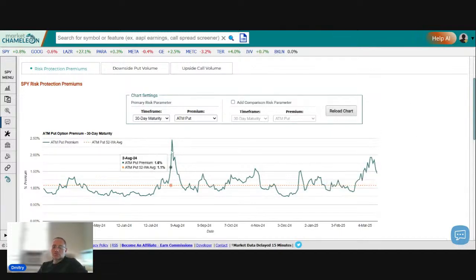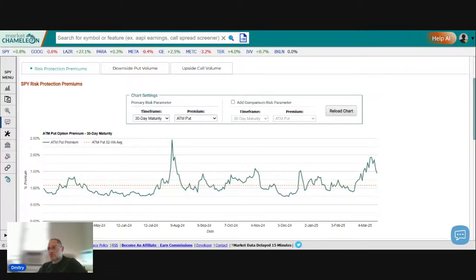Okay, so when you have a put option, it has time premium, right? What is the cost of that time premium for 30 days? And this converts it to a percent. So you can see here, percent premium of what the cost is over the price of the stock. So if the option is $1 and the stock price is 100, well, that's like a 1% premium.